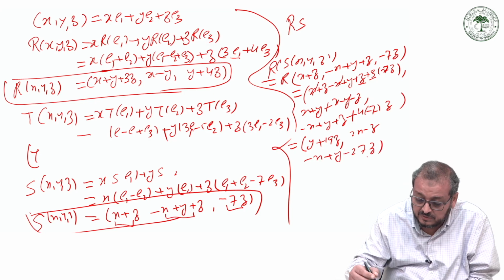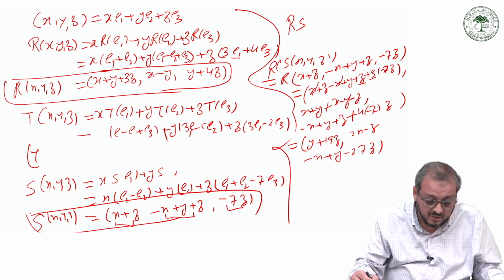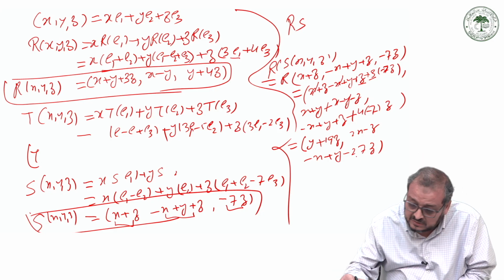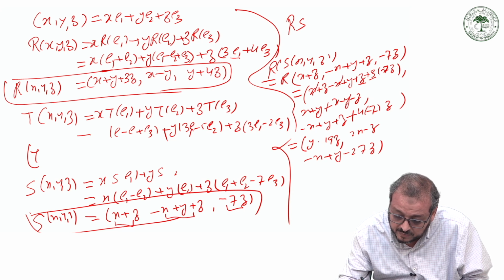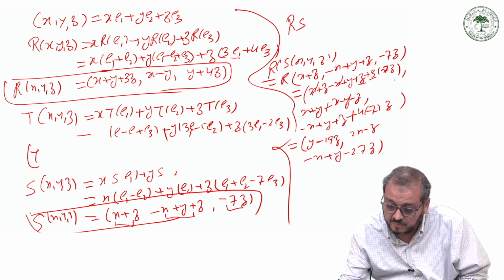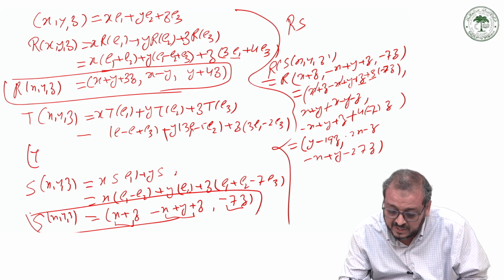So our composition S is equal to y plus, this should be a minus, sorry, because of this minus 21 and substituting minus 2, so y minus 19z.